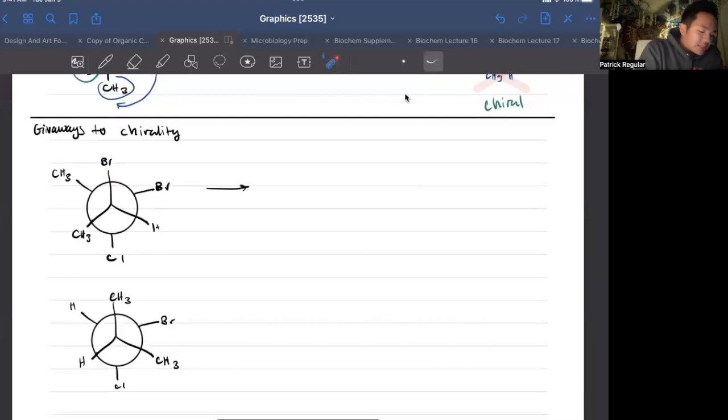And the back carbon is connected to CH3, Br, Cl, and this front carbon. Well, look, there's a difference. Cl in one carbon, but this carbon right here doesn't have any Cls at all. So is there a line of symmetry? Nope. There is no line of symmetry. They're different.